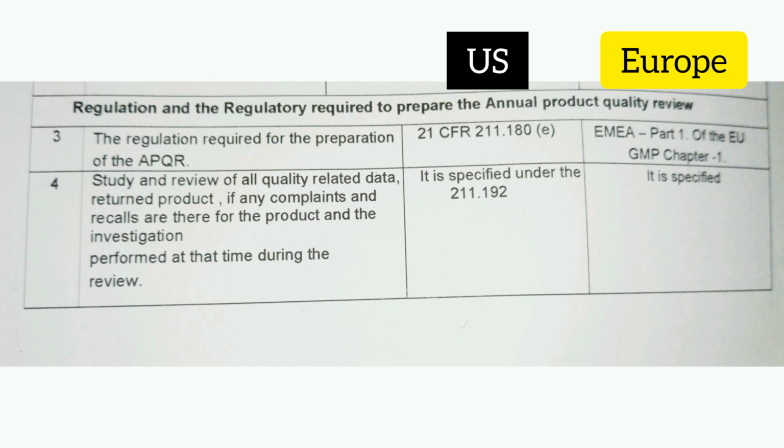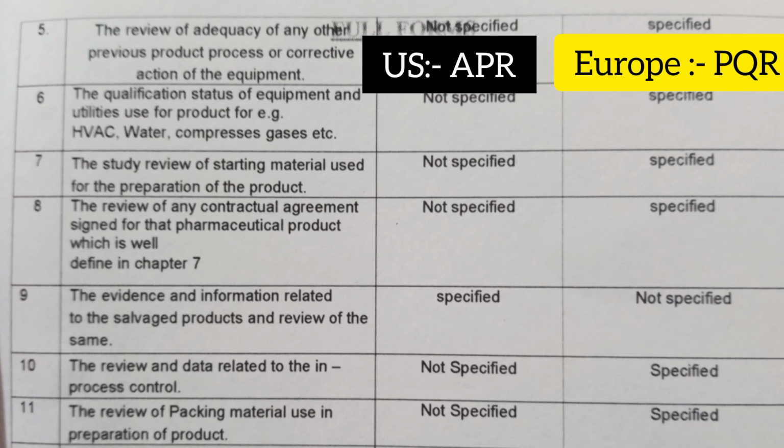Study and review of all quality-related data, returned product complaints, and product recall is performed at the time of review in both US and Europe. Review of CAPA, qualification status of equipment, starting material and packing material used in preparation of product, contractual agreement, and data related to process control are not specified in US APR but specified in Europe PQR.